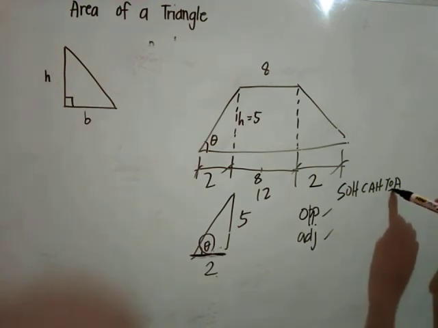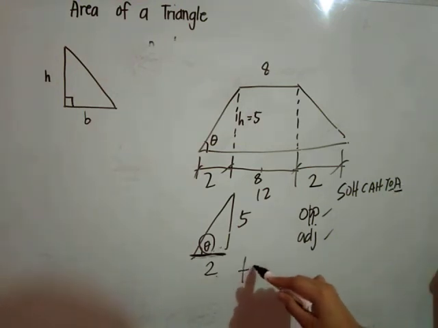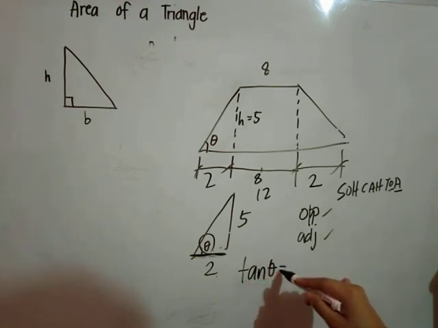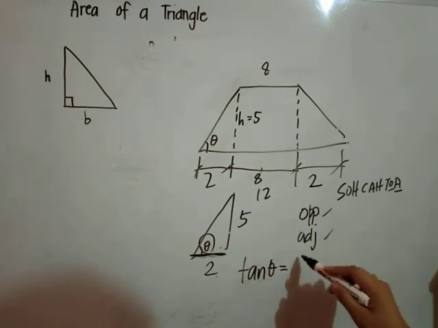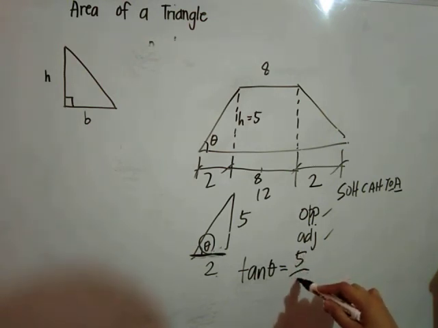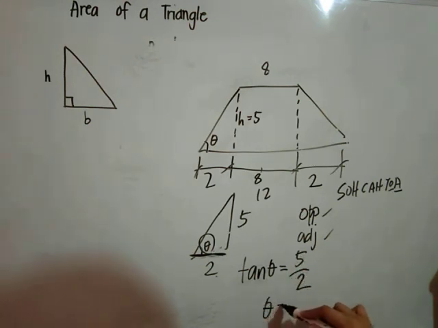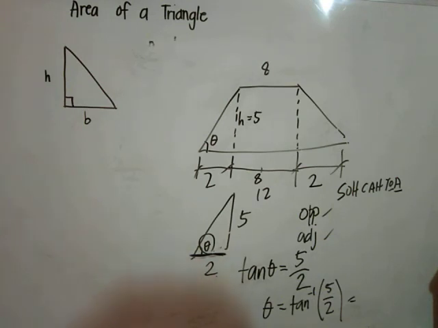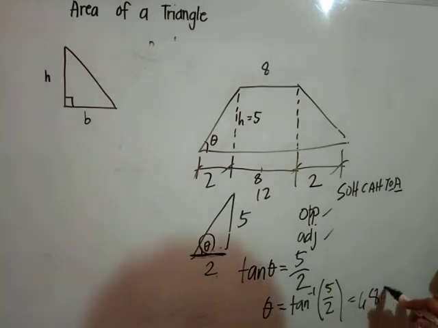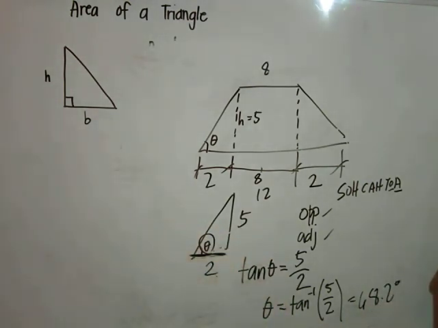We have the opposite and the adjacent, therefore tangent yung gagamitin to get the value of theta. Opposite over adjacent, so theta is equal to arctan 5 over 2. That is equal to 68.2 degrees.